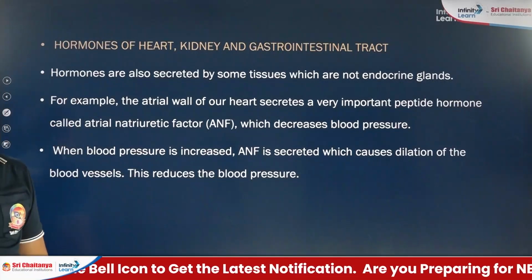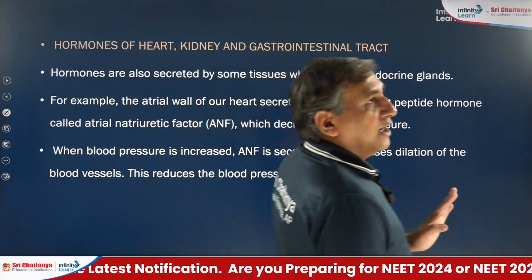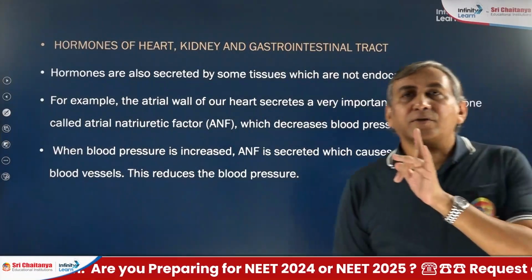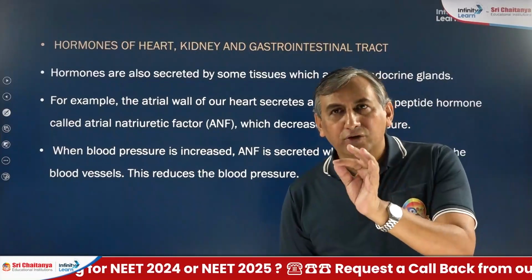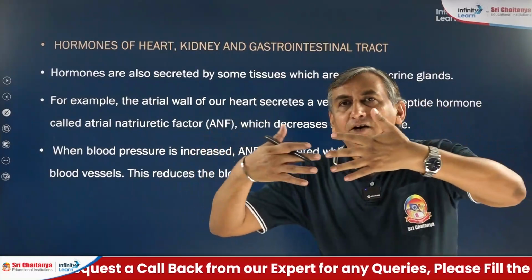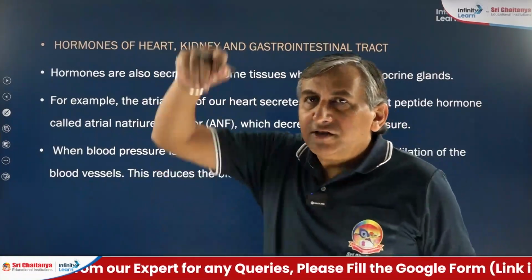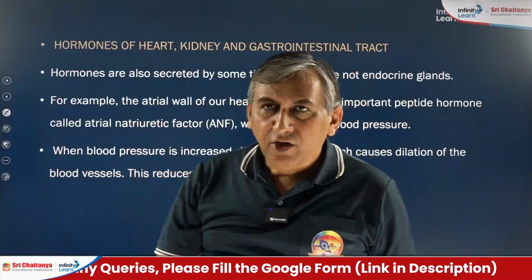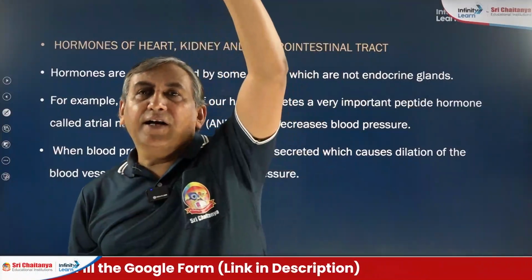So this is the one point I said. Till now I covered the hormones of the pancreas, insulin and glucagon. Insulin and glucagon are antagonistic. Insulin is hypoglycemic, glucagon is hyperglycemic.